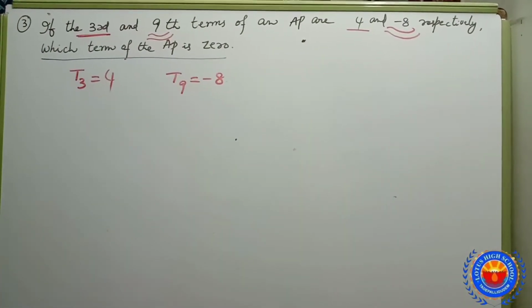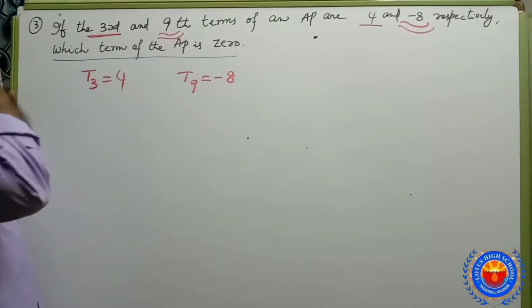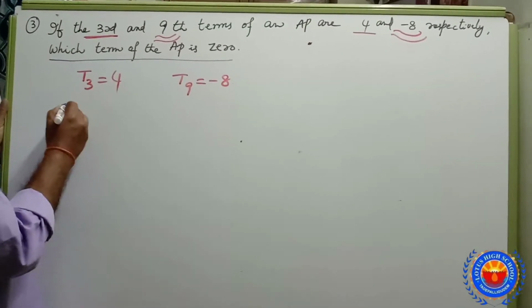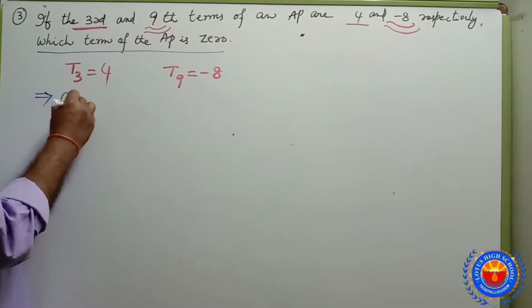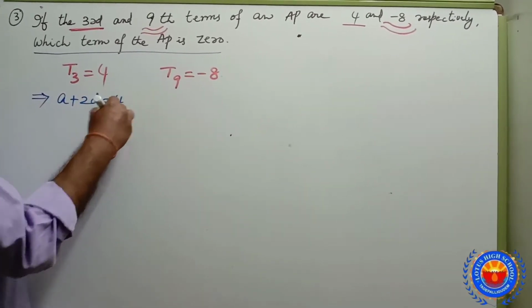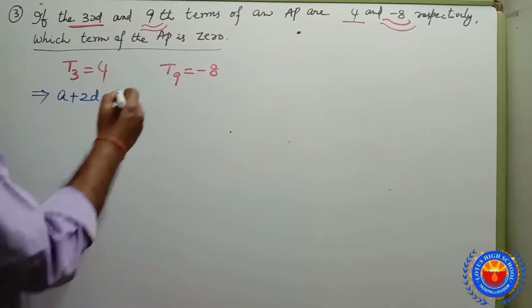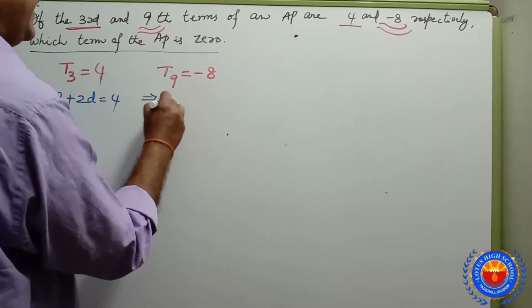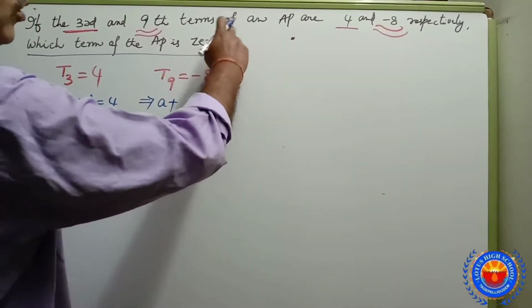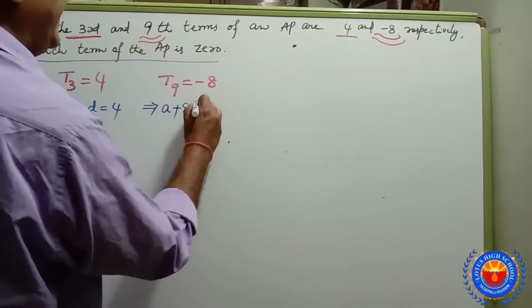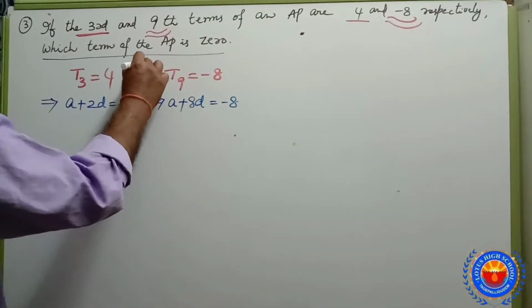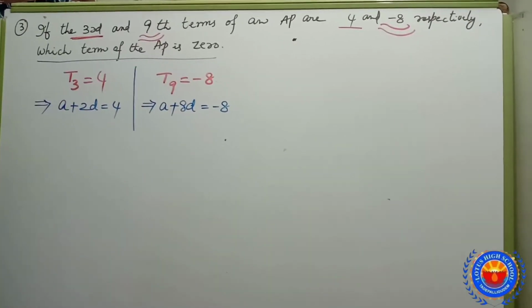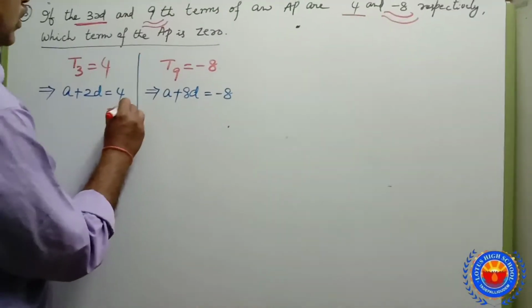Now T3 is equal to 4. So I can write T3, as you know very well, A plus 2D is equal to 4. This is equation 1. And for the ninth term, A plus 8D is equal to minus 8. This is equation 2.